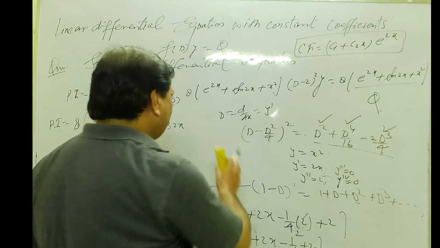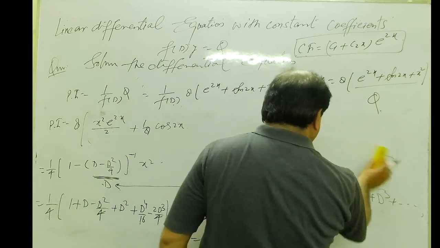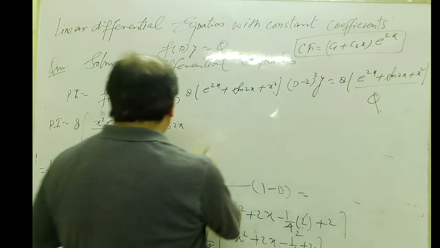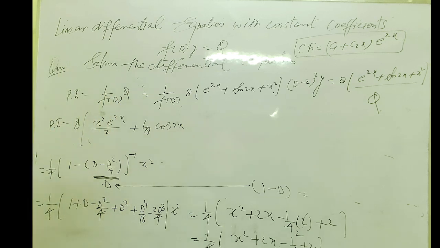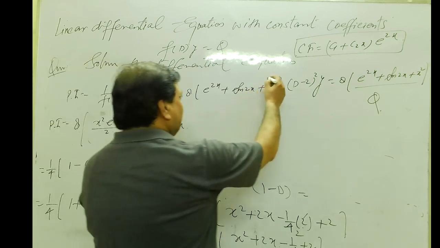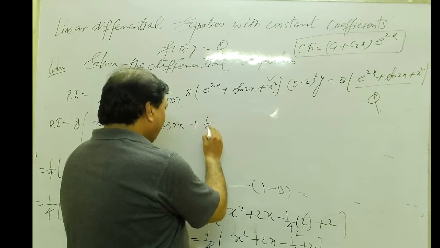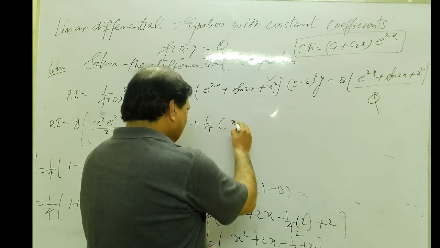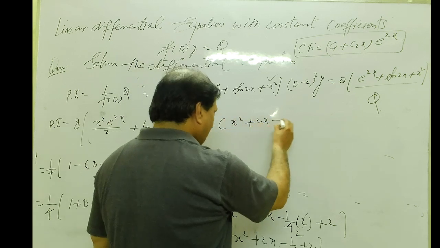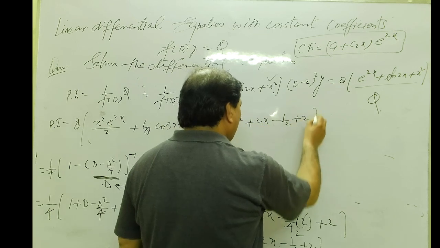The particular integral is plus 1 by 4, this is the value with respect to x square plus 1 by 4 bracket x square plus 2x minus 1 by 2 plus 2.